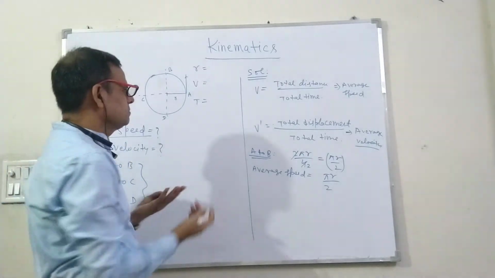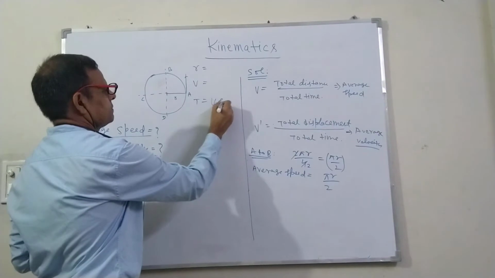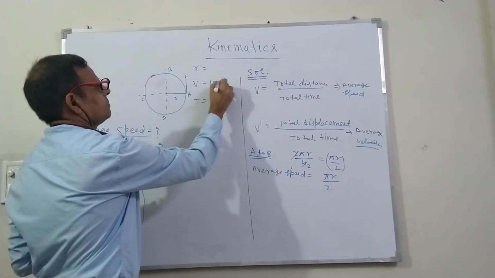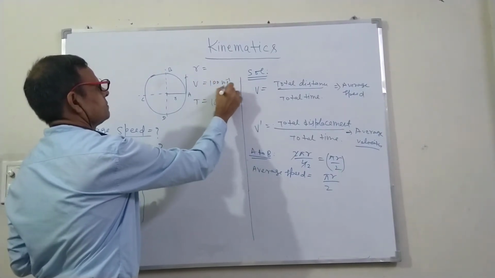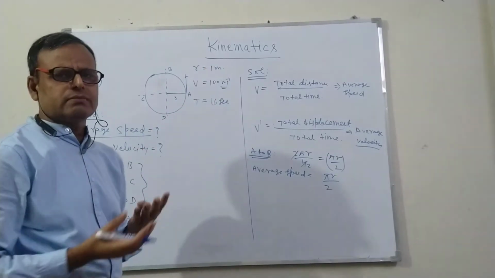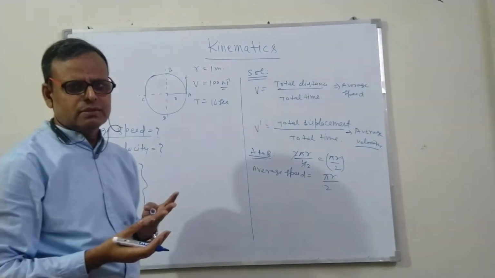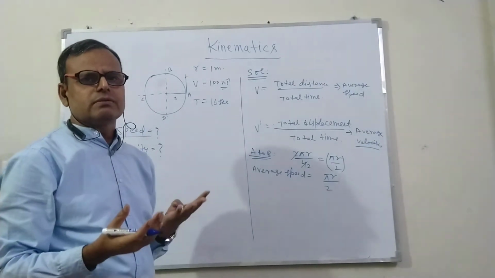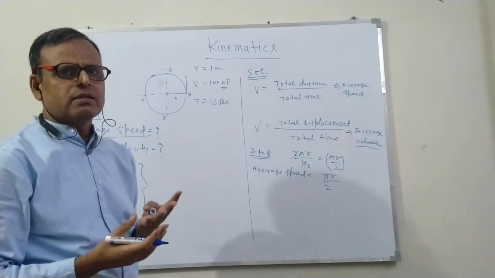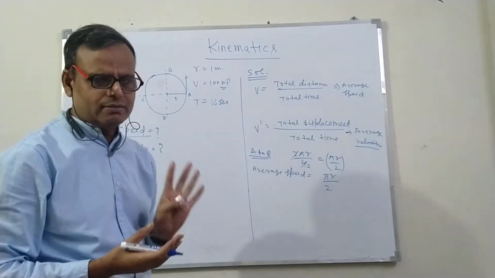Suppose the time T is 16 seconds, velocity 100 meter per second and radius 1 meter, random values. I have taken them here because we need the concept only. If the numerical value is changed, you can put that changed value in your solution. The concept should be very clear.